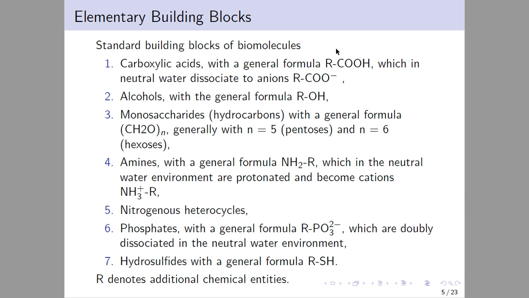Only the chain length, n equal to 5 or n equal to 6. It can be n equal to 100, 200, any number, but usually it's only n equal to 5 and 6. Next we have the amine with a general formula NH2R.